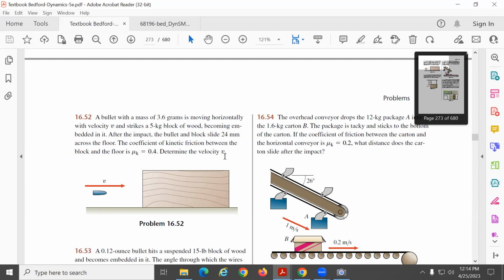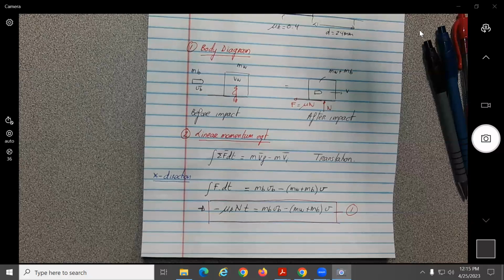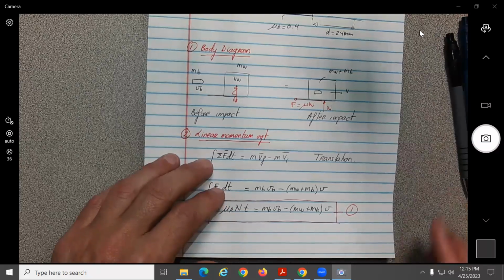And they never mentioned that this is going to come to a stop after 24 millimeters. They're kind of quiet about it. All right, so we have this equation. I don't know, we're going to keep going and see if we get somewhere.